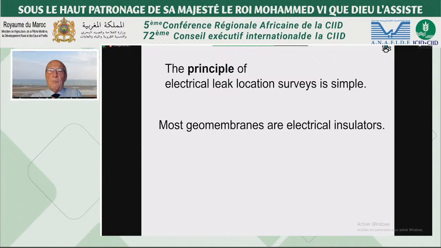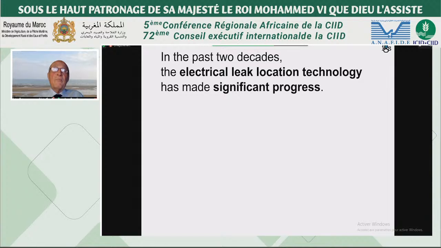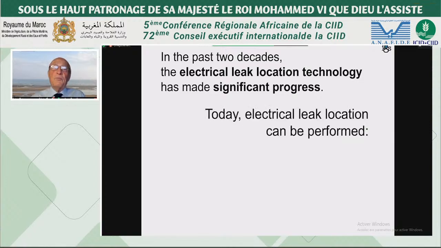Most geomembranes are electrical insulators. Therefore, electric current will pass if there is a hole in the geomembrane or a gap in an attachment to an appurtenant structure. In the past 2 decades, the electrical leak location technology has made significant progress.